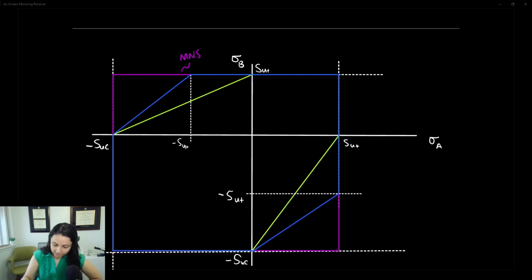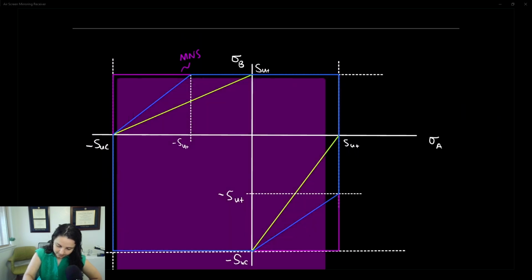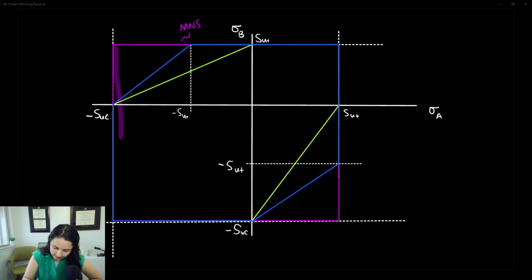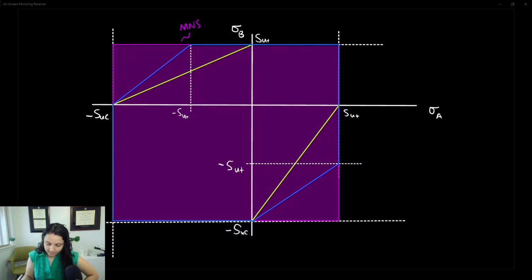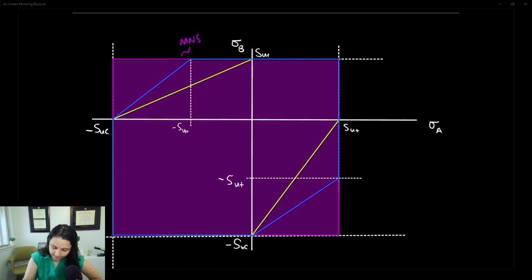The largest one, the maximum normal stress theory, covers this full rectangle. Then we have the modified Mohr theory, which is the next failure envelope in. The size of the failure envelope essentially tells you the level of conservatism.